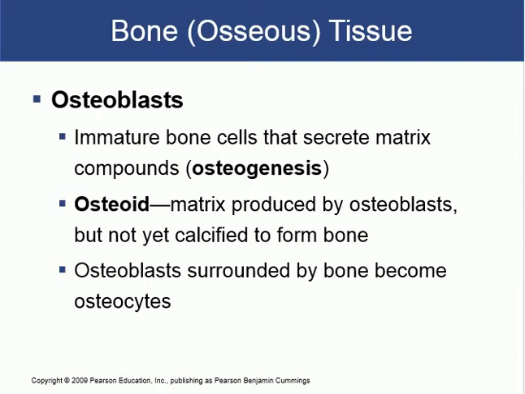Oid? Yes, somebody said it. Similar to, yes, similar to. So osteoid means similar to bone. What do you mean similar to? Meaning it will become bone. It's similar to the bone, just add some calcium and it will become bone. So the osteoid is the matrix that's produced by the osteoblast and it's not calcified yet.